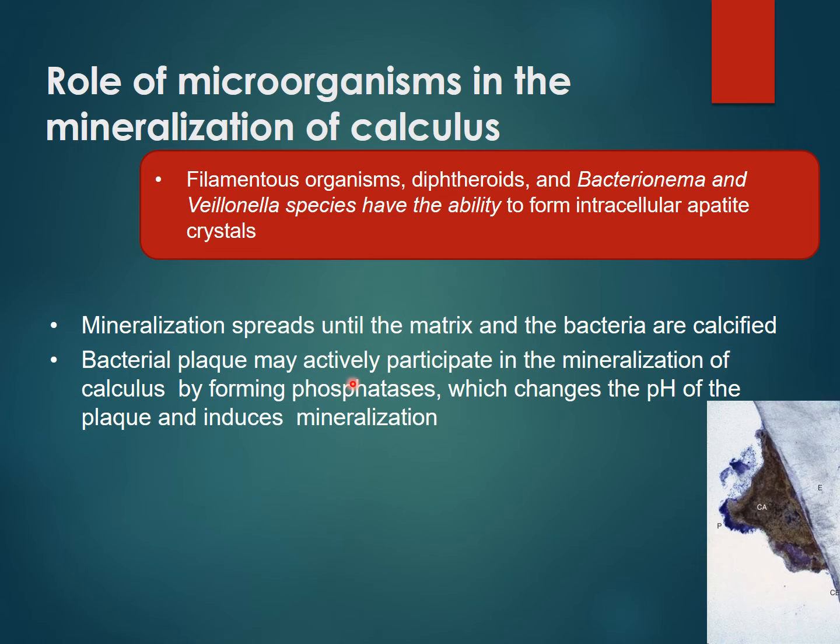They may actively participate in mineralization of calculus by forming phosphatases, which change the pH of the plaque and induce mineralization. So these are the main organisms associated with the mineralization of calculus, through the formation of phosphatases, the enzymes which lead to the precipitation of minerals.